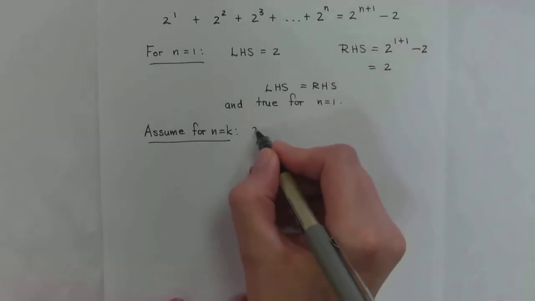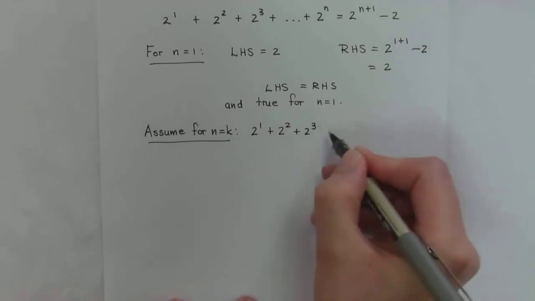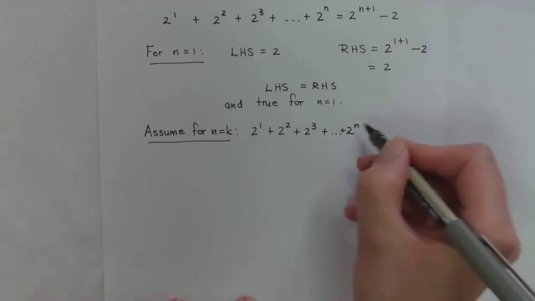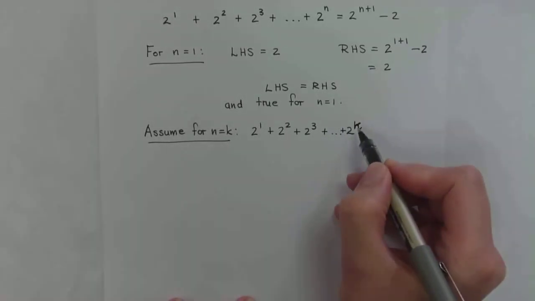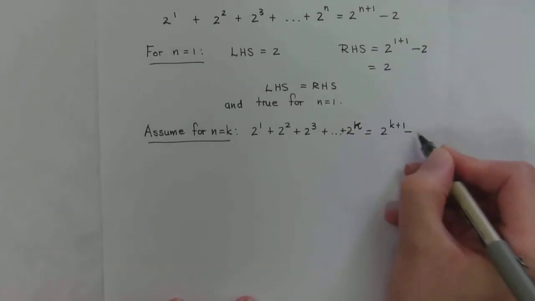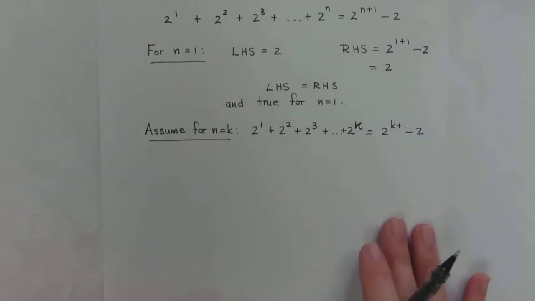So that exact statement, skip a few, 2 to the power of k. I've forgotten to put the k in there. So substitute k in there is equal to 2 to the power of k plus 1 minus 2. There we go. And we are using the equal sign. Why? Because we're assuming it's true.